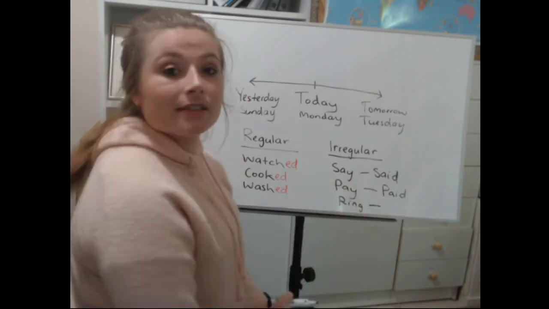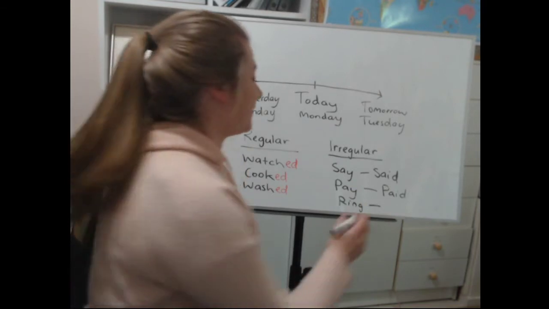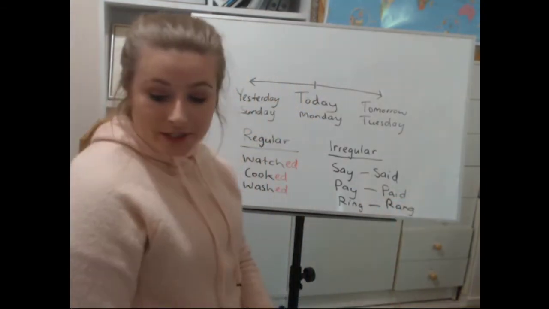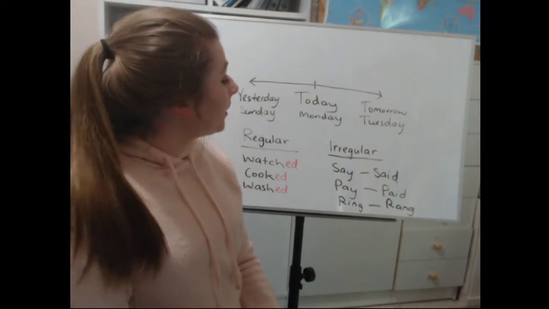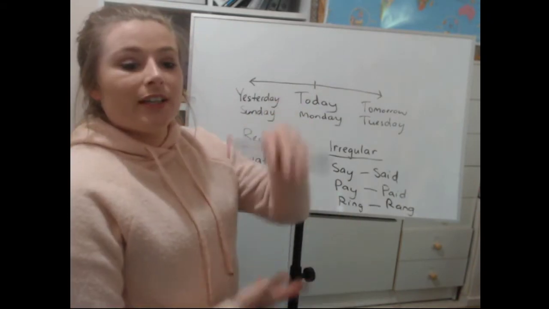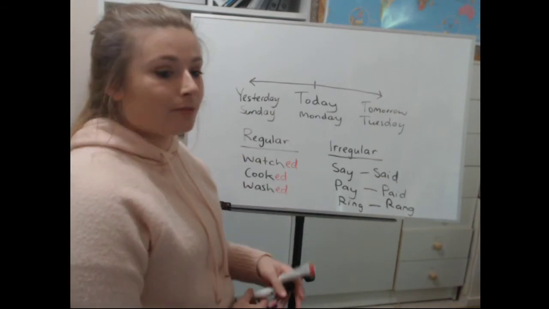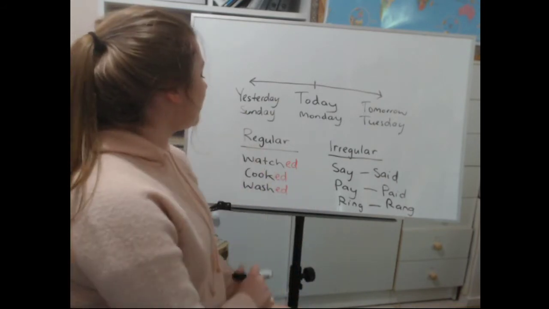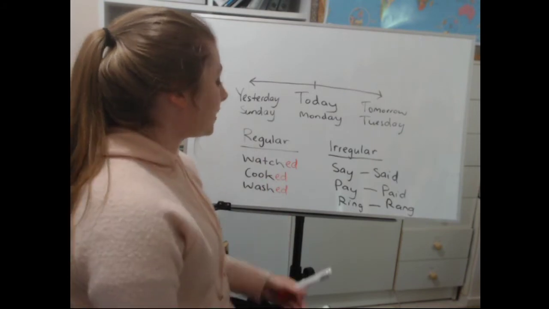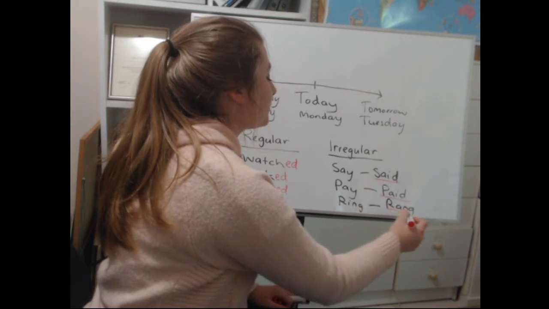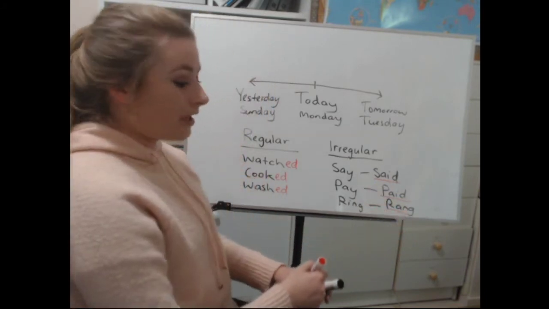Yesterday I rang. Good. Yesterday I rang my friend. So as I said, there's a huge list, so we won't do them all today, but these are just a few examples of regular verbs and then irregular verbs, which are these here.